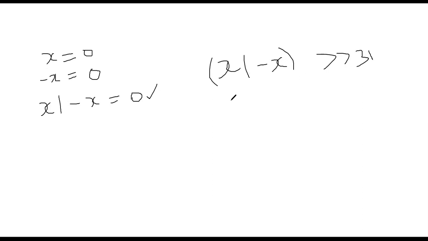By the way, the OR and the XOR can be replaced, because in this case, remember what the minus x does: it copies everything from the least significant bit until the first bit that has the value 1, including that, and the rest are just complemented.